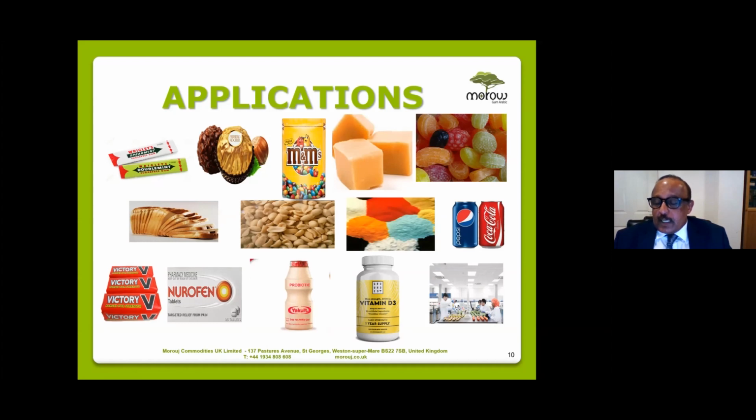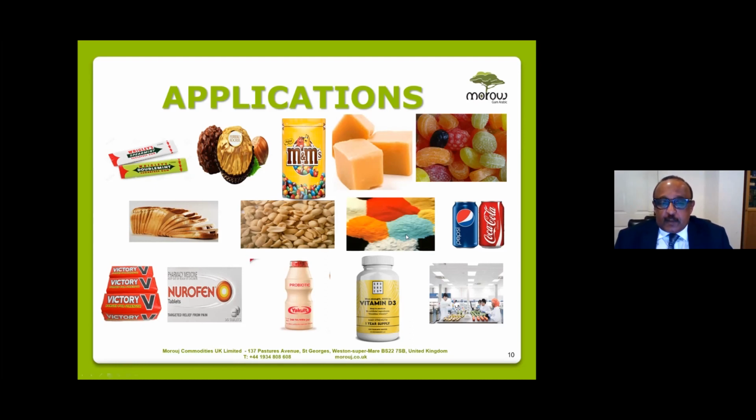Gum Arabic is used here as an emulsifier, and it is considered the gold standard of emulsifiers, as mentioned earlier. So if any research group wants to evaluate the emulsion capacity of any product, they have to use gum Arabic as a reference.